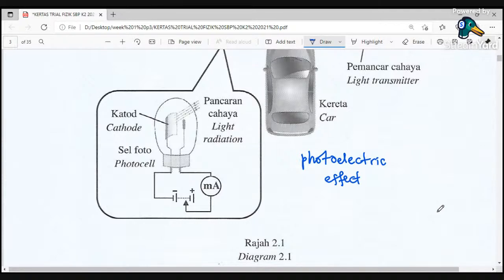So the concept of light here is the photoelectric effect.